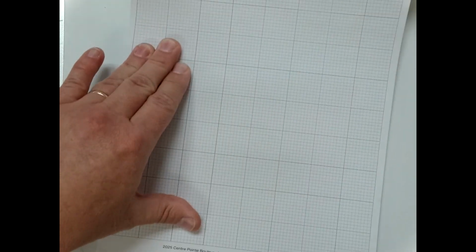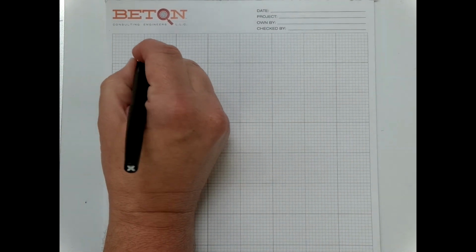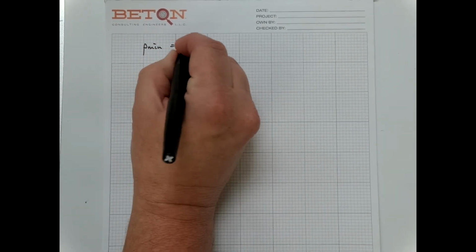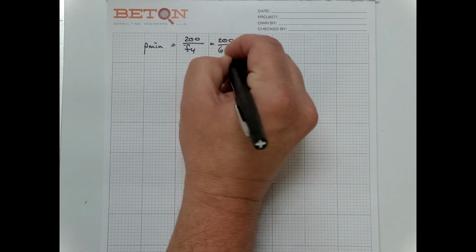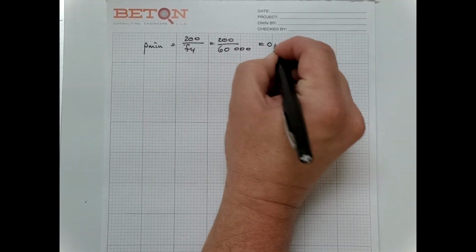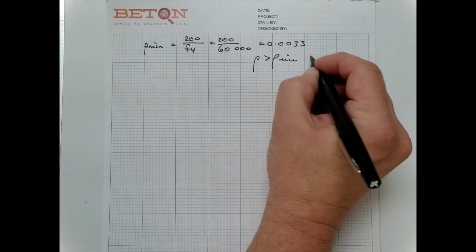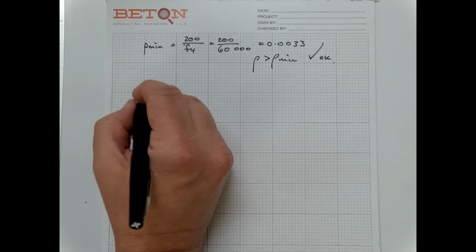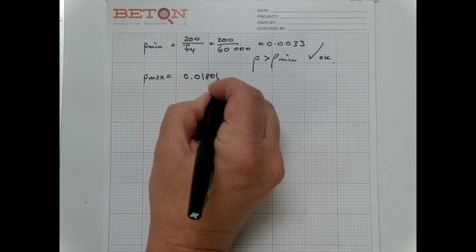Do our check. And our check is rho min is 200 over f sub y, which is 200 over 60,000, is 0.0033. Rho is greater than rho min. That's good. Rho max is equal to 0.01806.